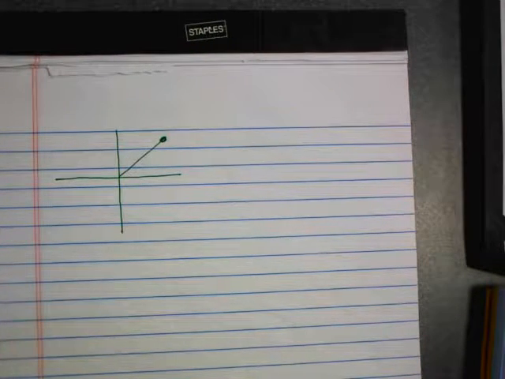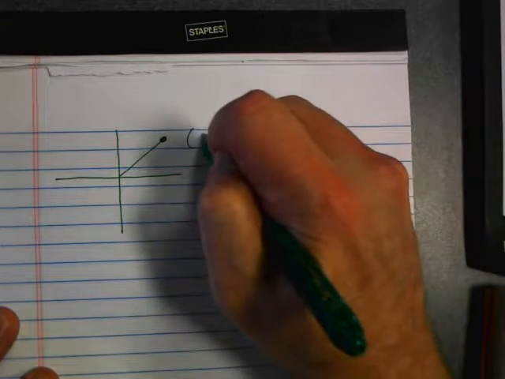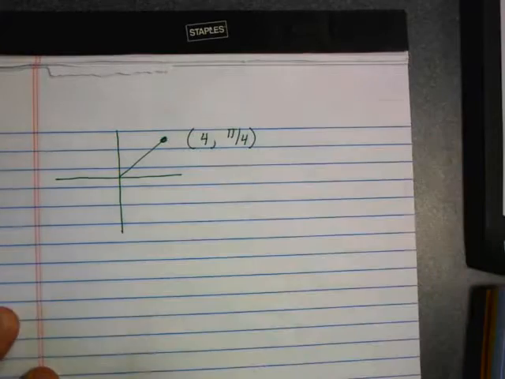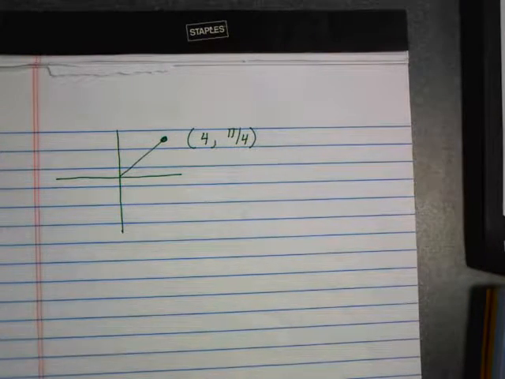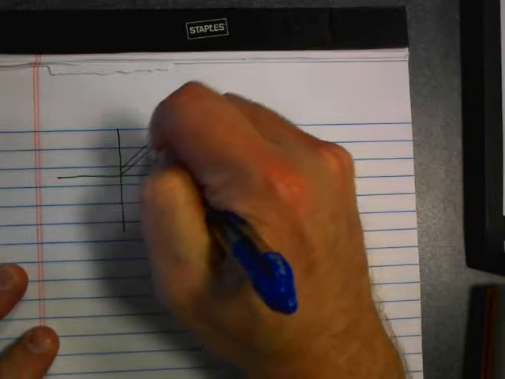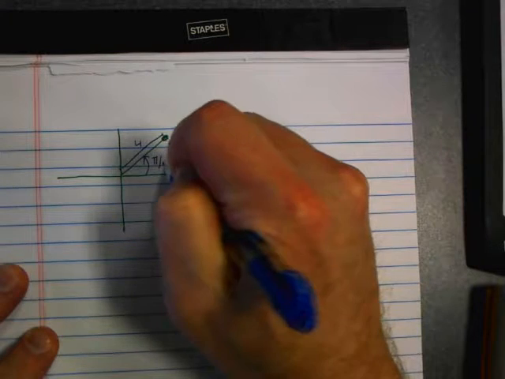It's not the slope. It's just the distance. So this distance is r. So this point is maybe the point 4, pi over 4. So that would be a polar point. What that means is the length of this thing is 4, and this angle is pi over 4.